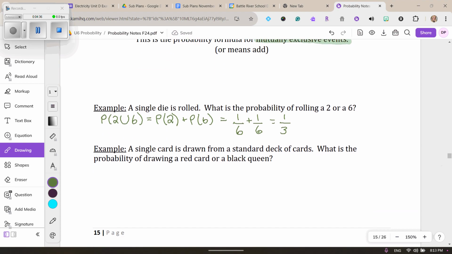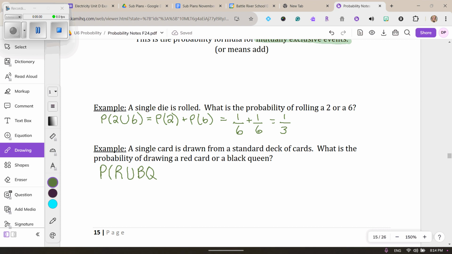Next example. A single card is drawn from a standard deck of 52 cards. What is the probability of drawing a red card or a black queen? So we're looking for the probability of a red card or a black queen.